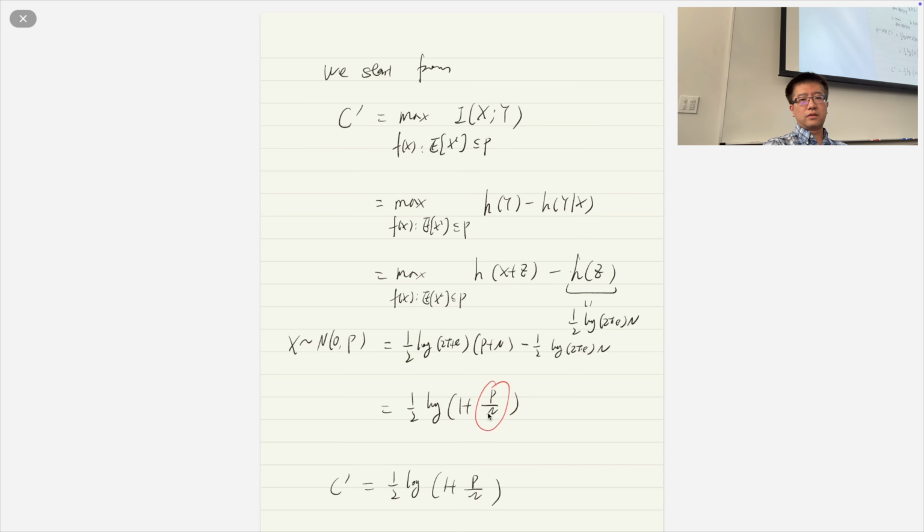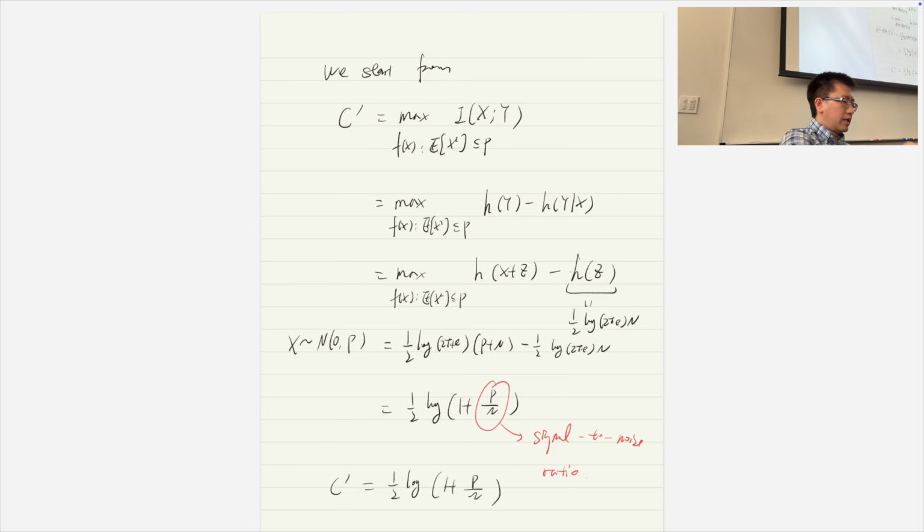The term on top is the power of the transmitted signal, and downstairs is the noise variance. The signal power divided by noise power is called the signal to noise ratio.